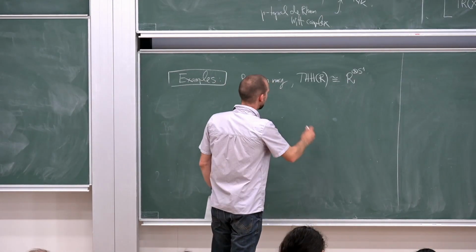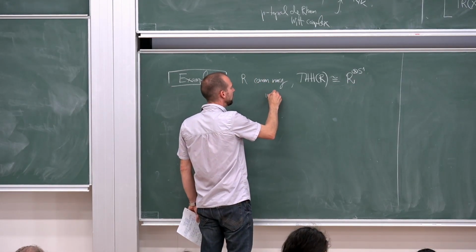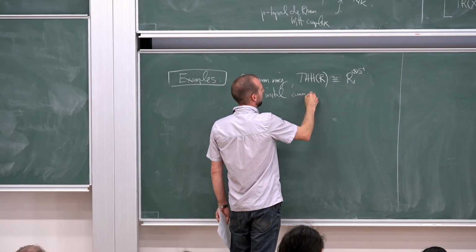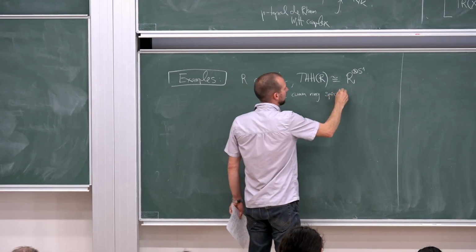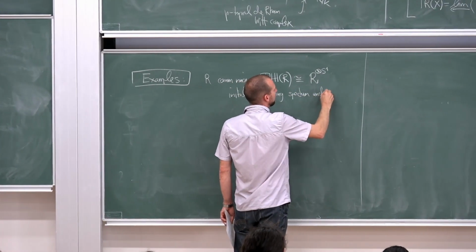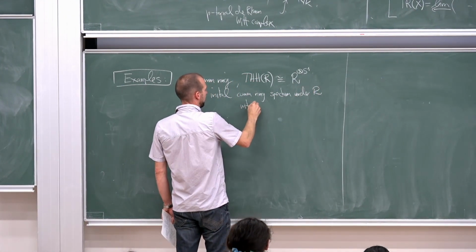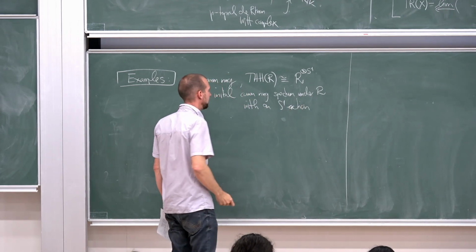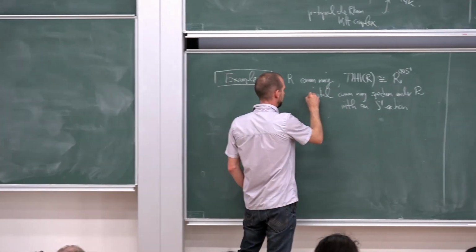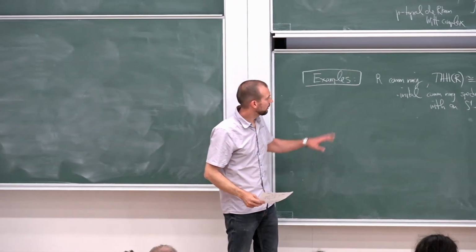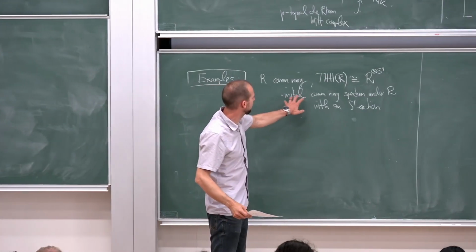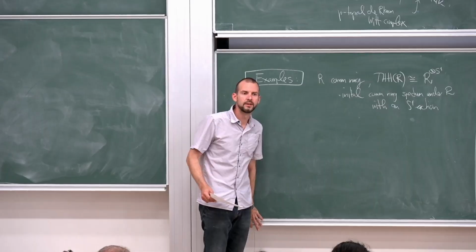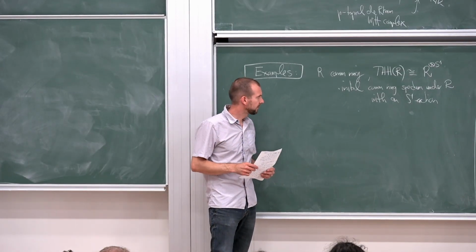And why am I saying it this way? Because this makes it clear it's the initial ring spectrum, say commutative ring spectrum, under R with a map with an S1 action. Right, so this initial thing will be important in a second. That's why I wanted to recall that. And using this universal property of this being initial, it's not so hard to define the cyclotomic structure. I don't want to go into this now, unless there's a question.